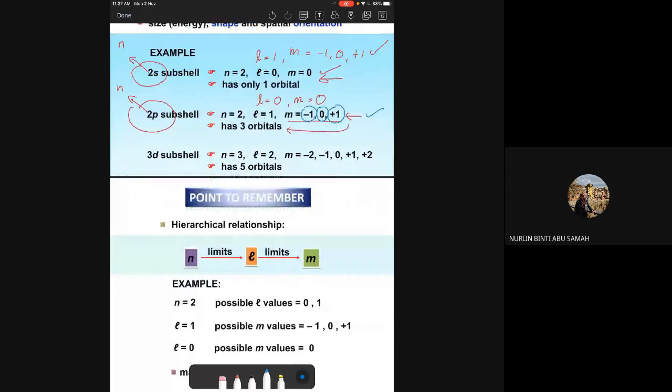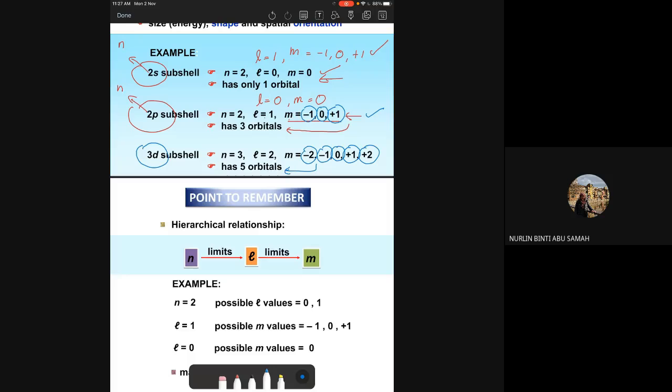Okay, so here untuk 3D subshell, n equals to 3, L equals to 2, yang ni maksimum lah. Dia ambil yang maksimum saja. So L equals to 2, so M, the possible is 1, 2, 3, 4, 5. So ada 5 orbitals.